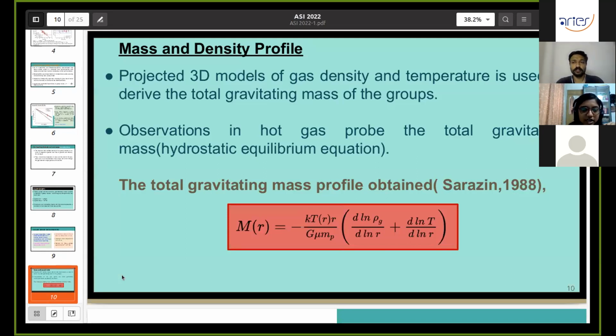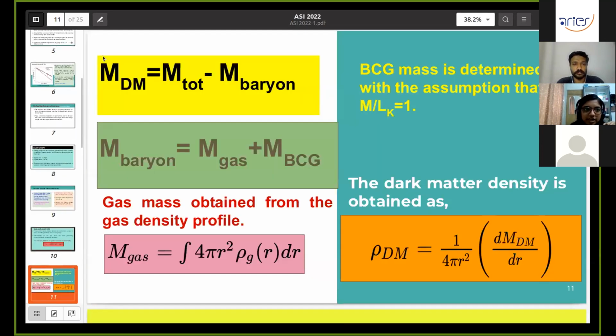We have the projected three-dimensional models of gas density and temperature available, which we have used in this analysis to derive the total gravitating mass of the groups by assuming hydrostatic equilibrium. Since we have relaxed groups, that assumption is valid. Once we have the total mass, we derive the dark matter mass by subtracting the baryon content. Here, we consider the gas mass and the BCG mass as the baryon content.